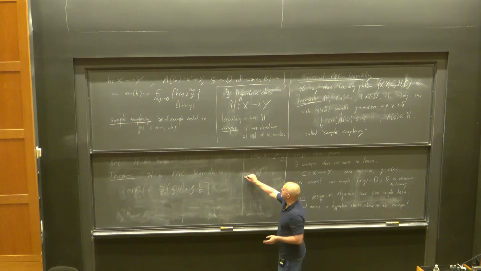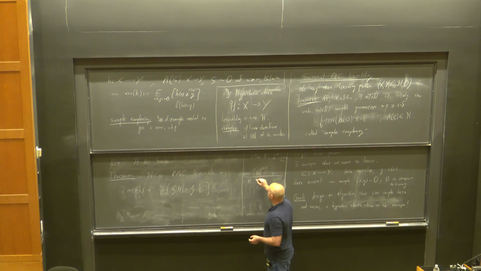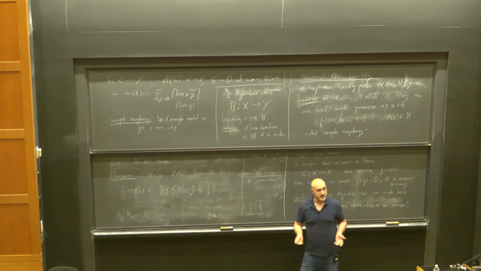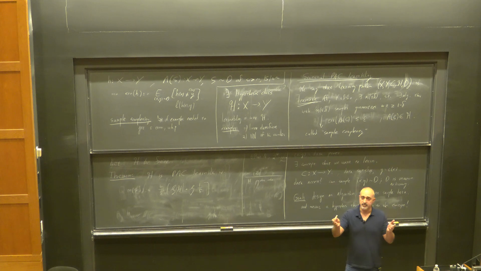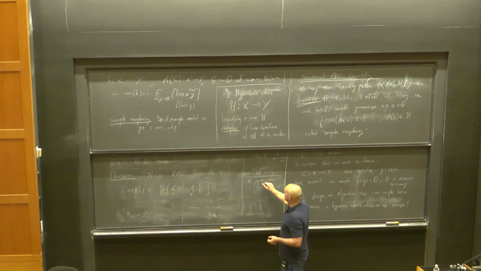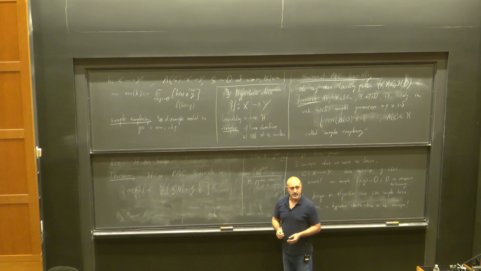So let's say H is Python programs. Python code. That's a hypothesis. I give it an example: Python, take the image, give me the classification. And let's say that you need like 10K words. You can write a lot of things in 10K of Python code.